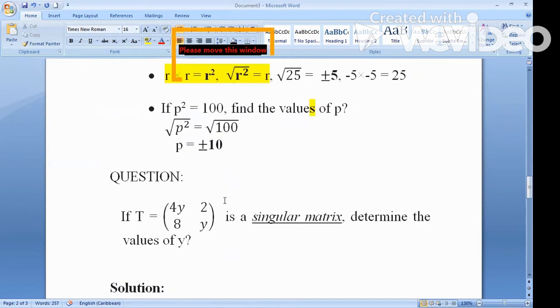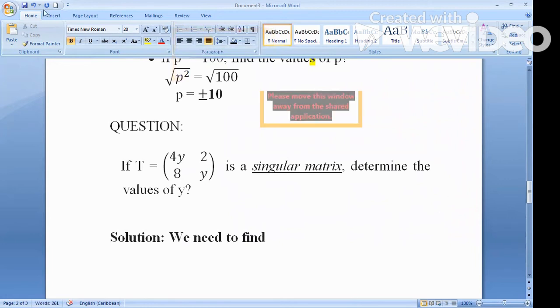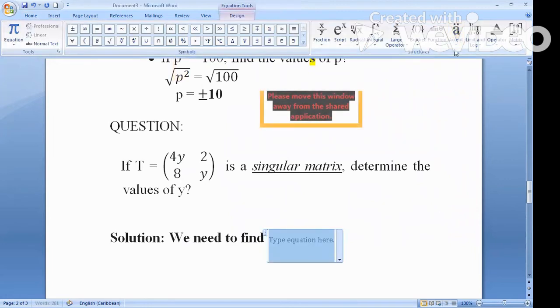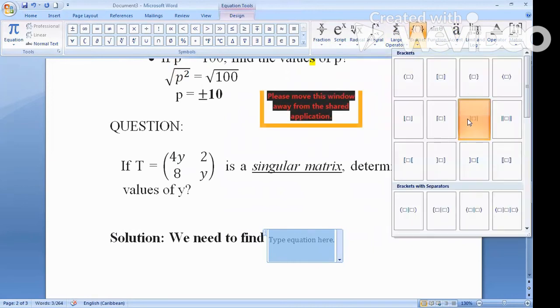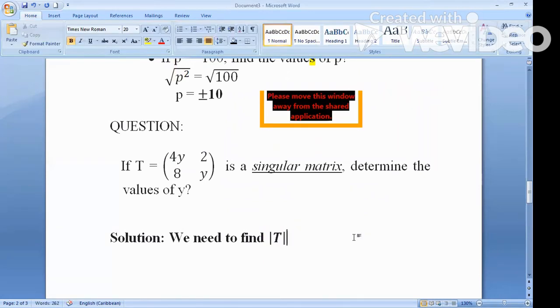So the mere fact that this question says this matrix is a singular matrix means that the determinant of this matrix is equal to 0. So what we need to do is find the determinant of this matrix.